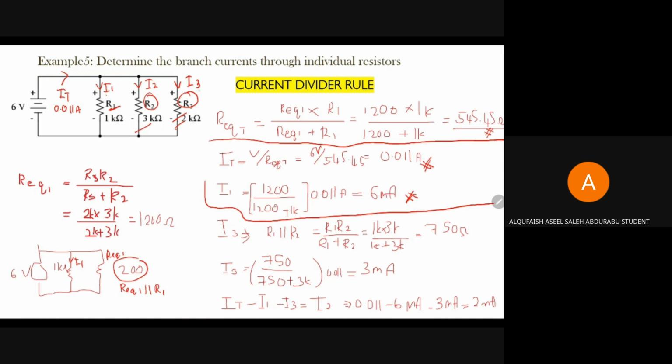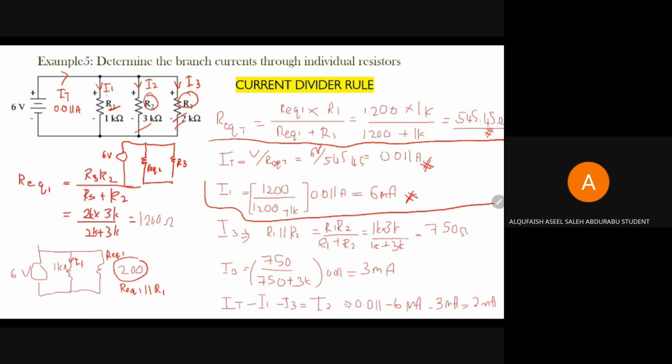For I3, you need to make R equivalent between R1 and R2. This one is R3. So this R1 and R2, you have to make them R equivalent 2. Then you have a voltage supply over here, 6 volt.